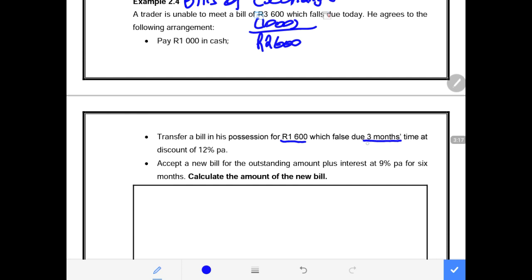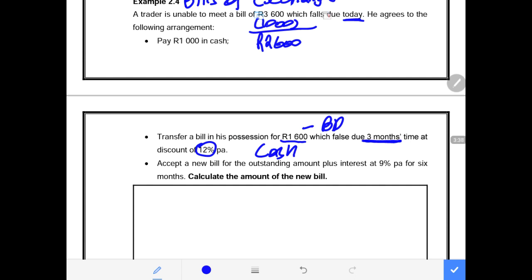Then now, because it's due in 3 months' time, but this guy needs money when? Today. So he discounted the bill that is due in 3 months' time at a rate of 12% in order for him to get cash. Meaning out of this 1.6, the bank will deduct interest, which is called the banker's discount.